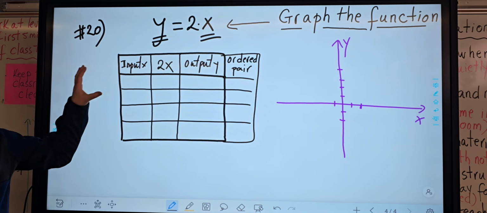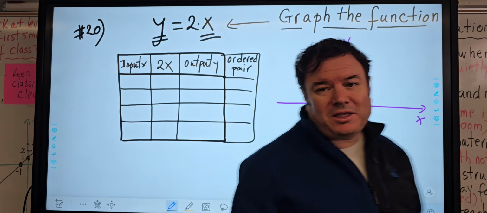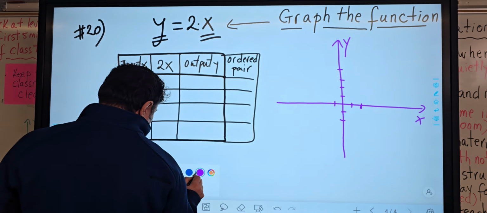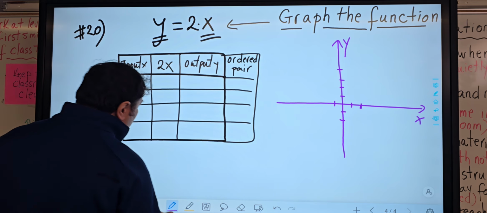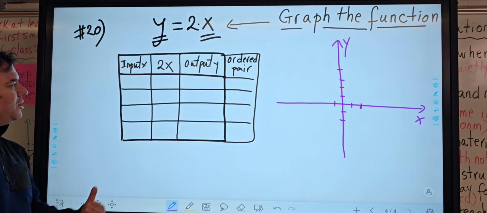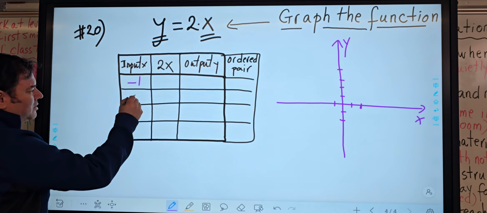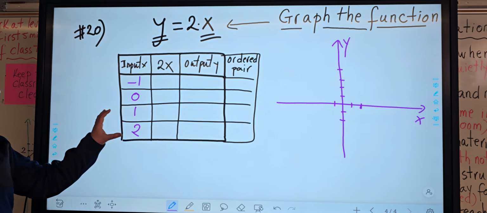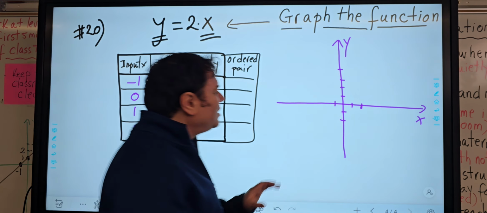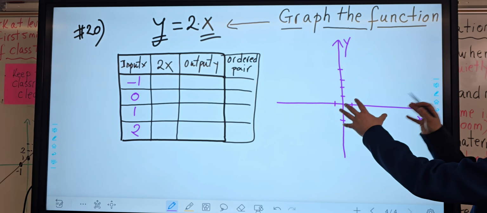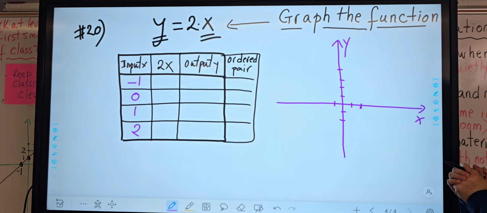In this table, we write first the input, which is x, and we give some small values for x, just like yesterday. We gave negative 1, 0, 1, and 2. Always choose small numbers so we don't have to work that hard, and we will be able to graph those ordered pairs eventually here on the coordinate plane.